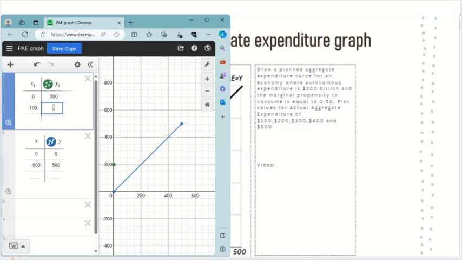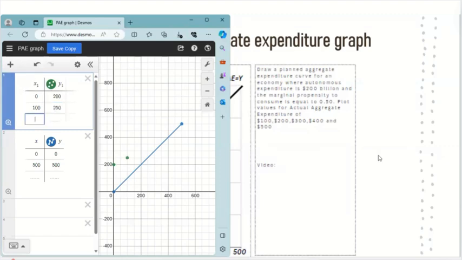Essentially, this is 100 times the 0.50, the MPC, which will equal the 50 billion. When consumption increases by 50 billion, then so does the planned aggregate expenditure, which is this Y. So it'll be 200 plus the 50 billion, which will be 250.